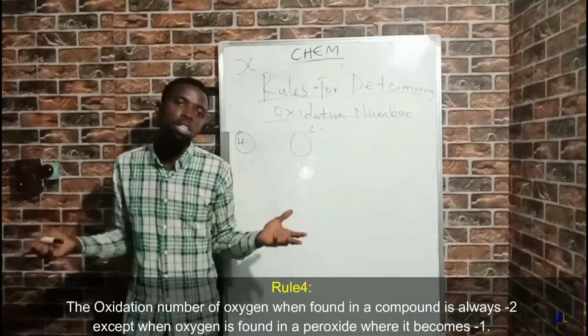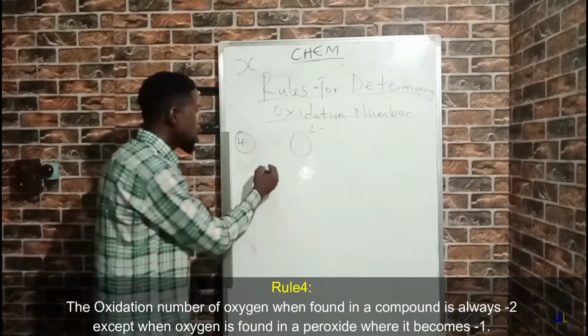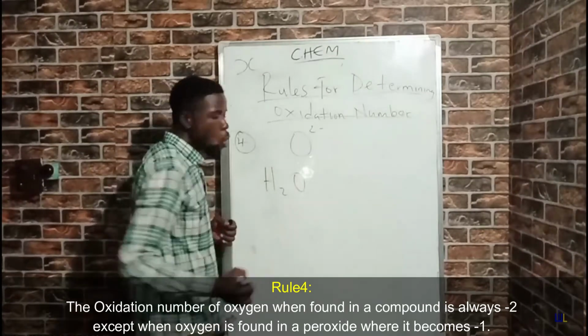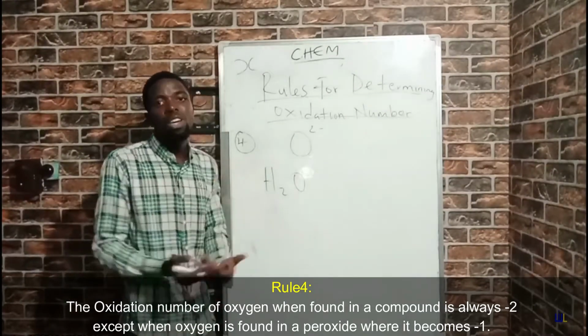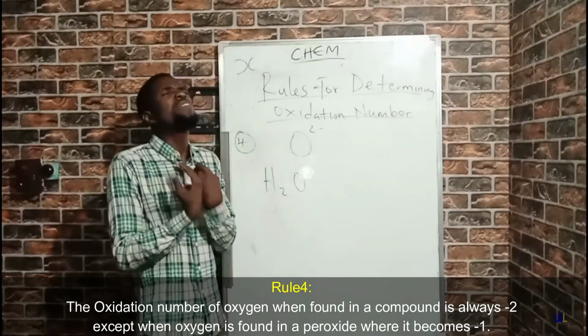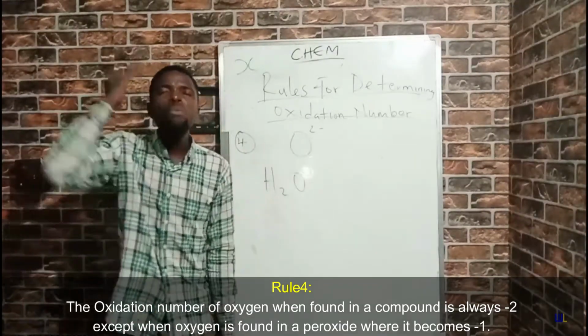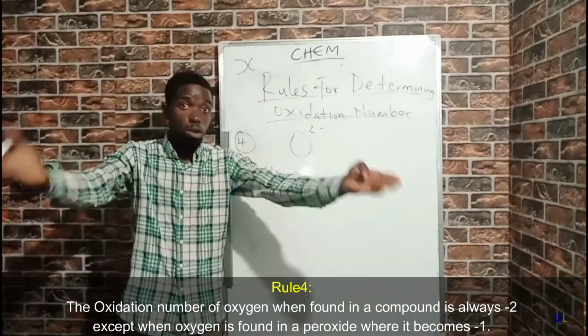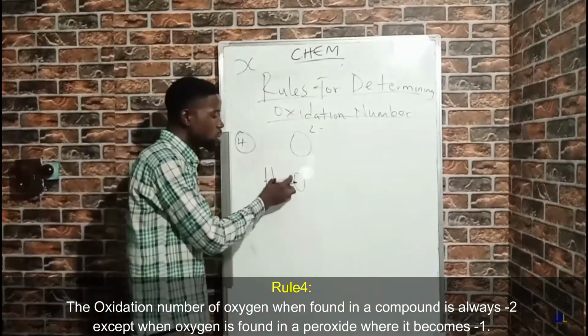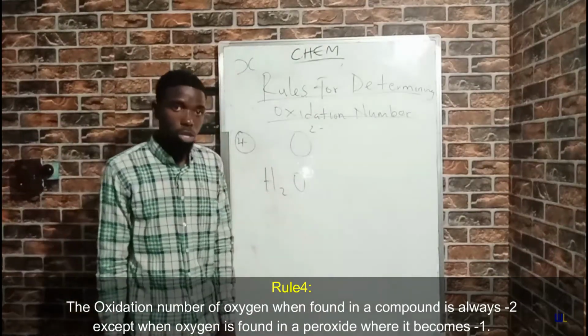The implication of this statement is that if I have H2O and I'm asked to find the oxidation number of oxygen, I don't need to solve anything. All I need to know is this rule, which says that anywhere I see oxygen in a compound, the oxidation number of oxygen is -2.